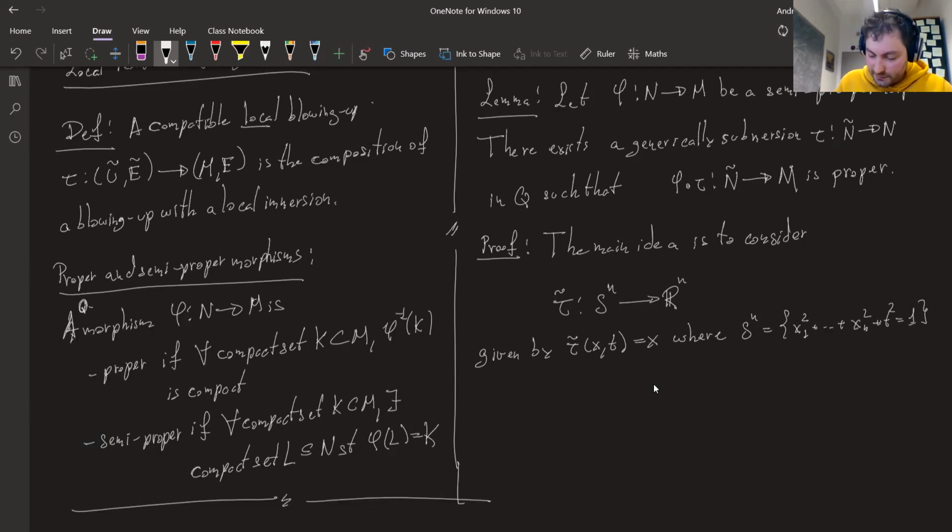So this map tau tilde is going to be a generic submersion.